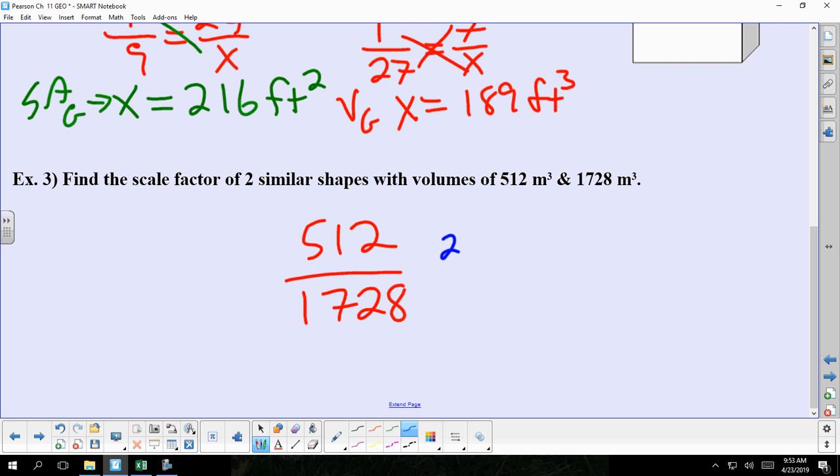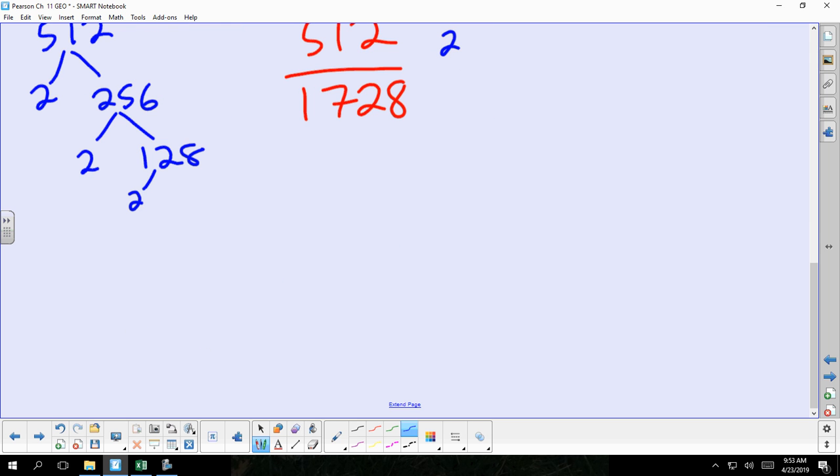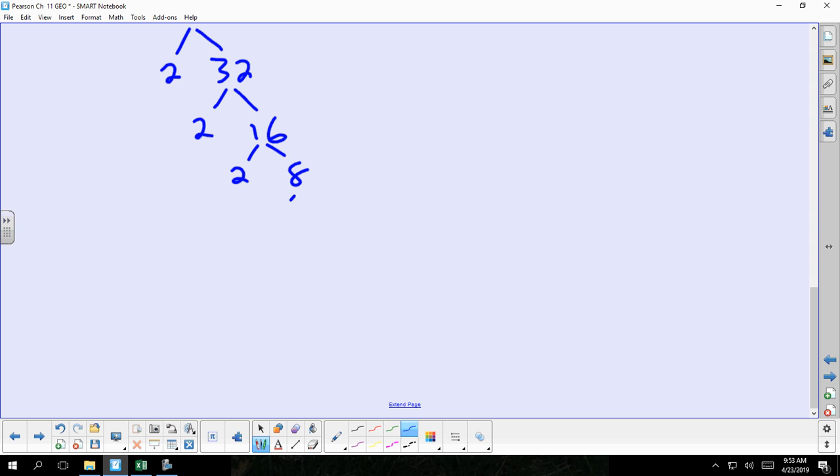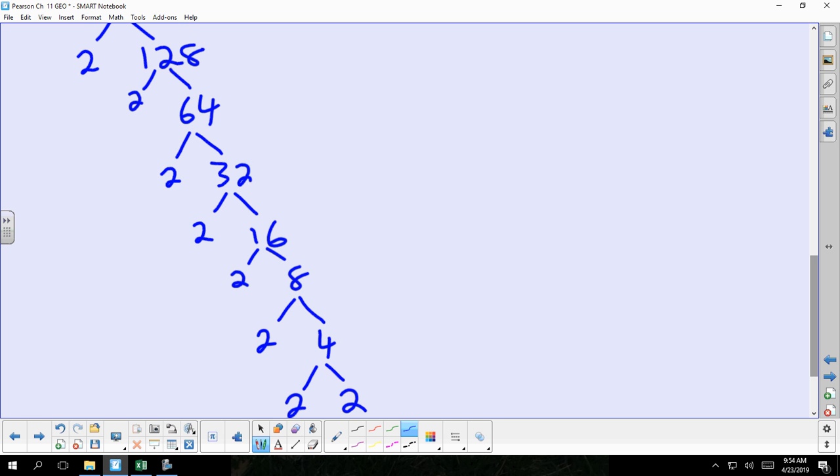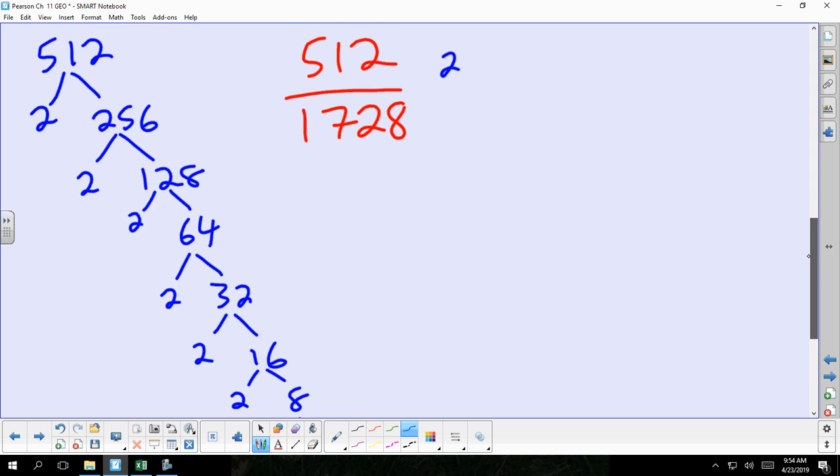So let's do a tree here. 256 divided by 2 again, 128 divided by 2 again, 64, 2 again, 32, 2 again, 16, 2 again, 8, 2 again, 4, 2, and 2. How many 2's do we have? 1, 2, 3, 4, 5, 6, 7, 8, 9 2's.